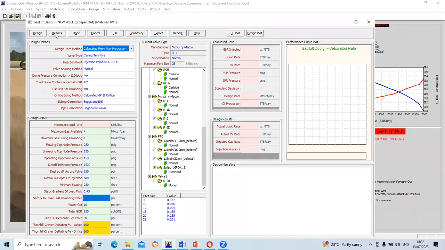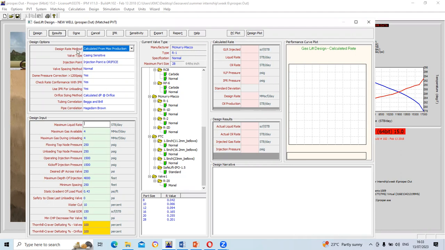This design input, that maximum liquid rates. Yeah. Is there anything that's supposed to be there? Oh, maximum liquid rate. I think I put that now. No, when we toggled the calculate from maximum production, that's when it's. Oh, okay.